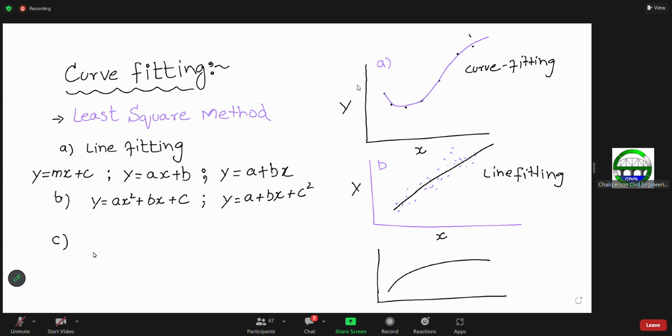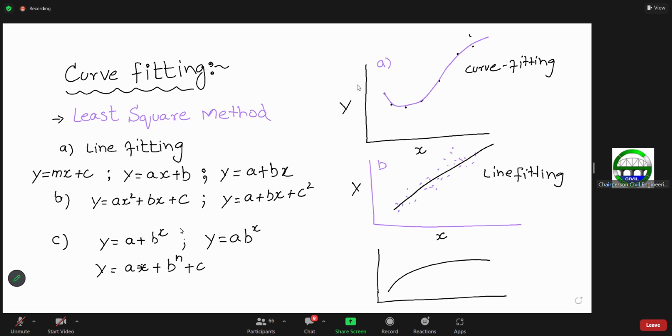So maybe we can say an exponential function like y is equal to a plus b raised to the power x, or we can say that y is equal to a b^x, or we can say that y is equal to ax plus b and plus c, right? We can say it in any way.